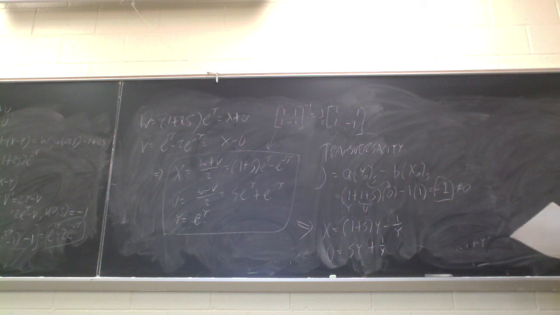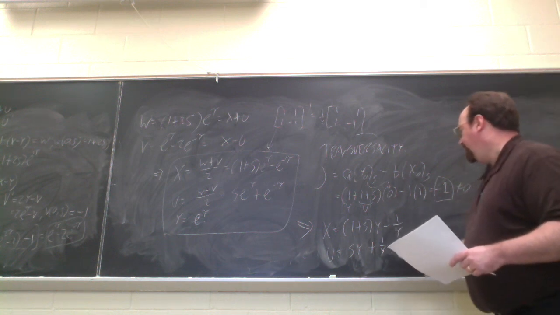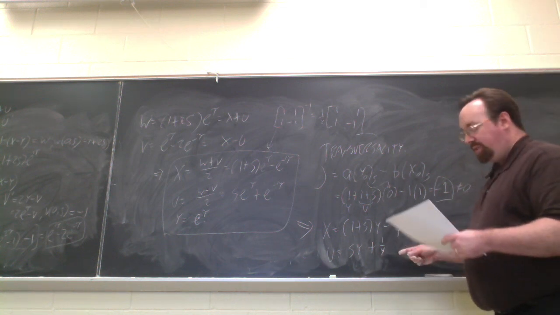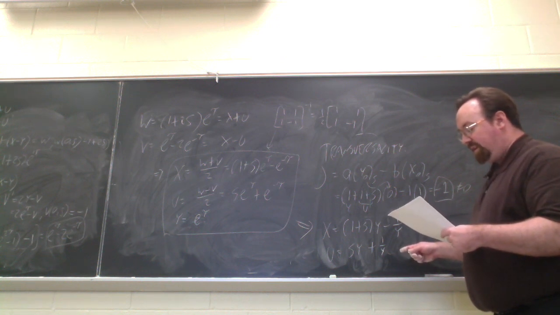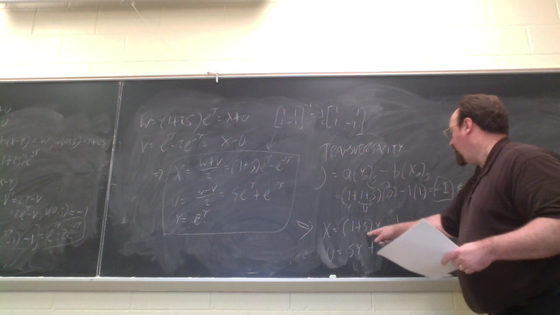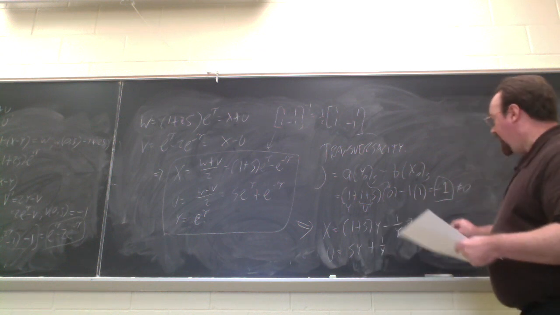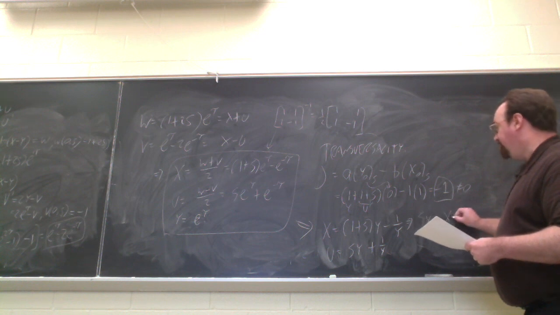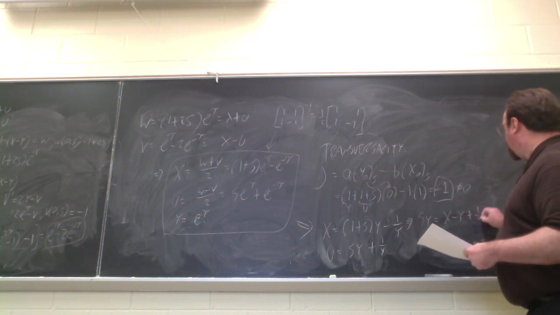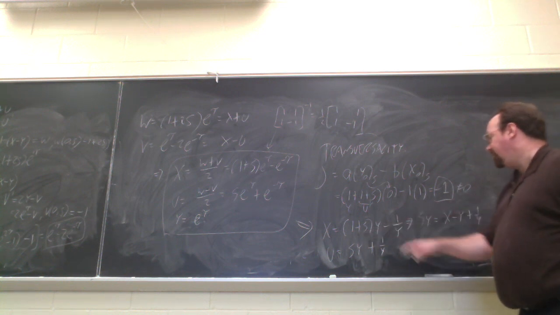And now what we can do is, if I go ahead and rewrite this, I have sy is equal to x minus y plus 1 over y. So all I do is I just isolated sy.